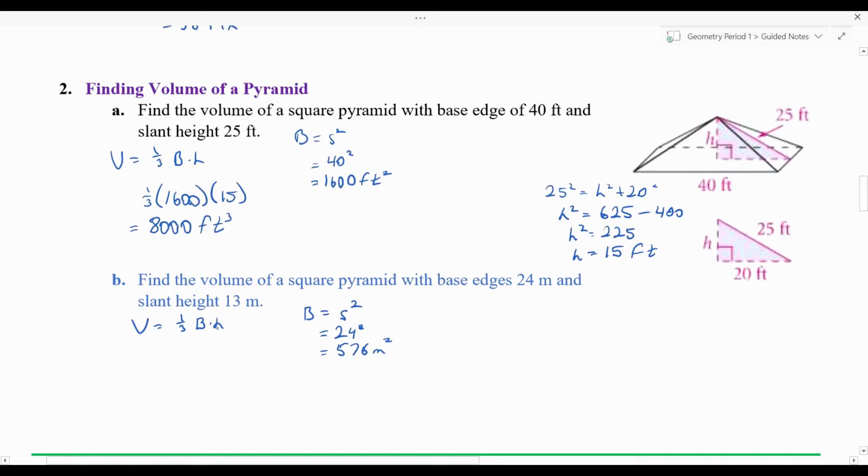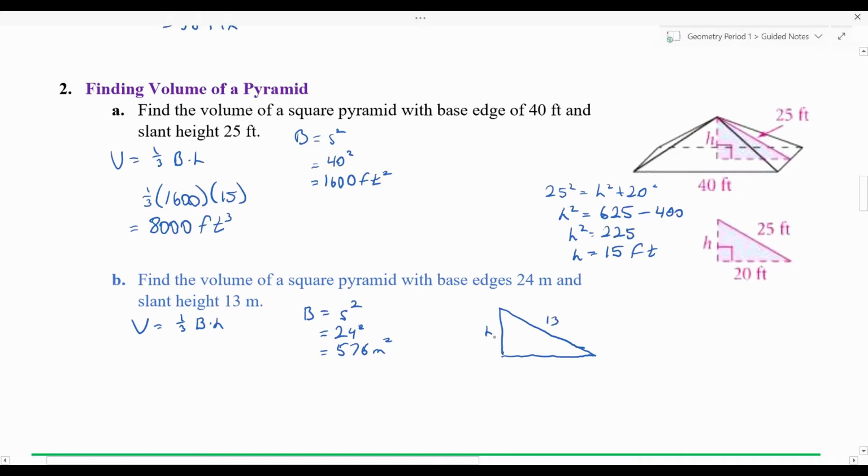Again, we don't have the height, but we can do the same approach that we did for part A of this problem, in which we just pulled out a triangle, or a right triangle to be more precise. A right triangle like this. Our slant happens to be the hypotenuse, so the slant comes over here.